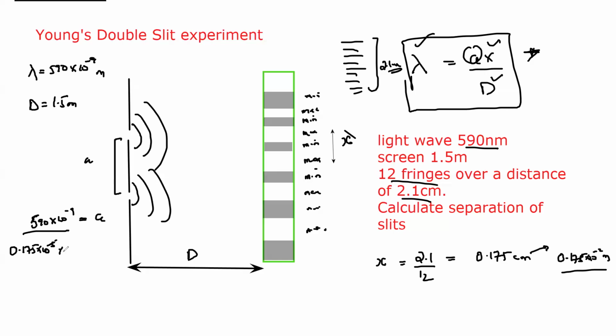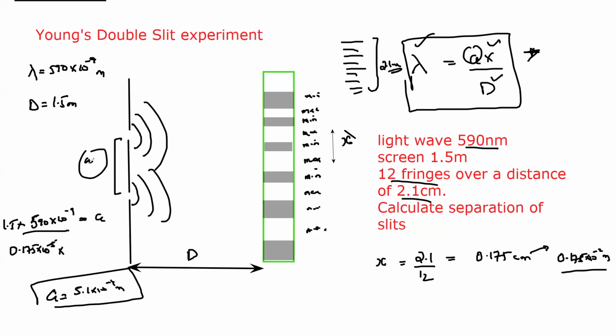And D is a distance that is divided, so on the other side it will be multiplied, which is 1.5. So what is the value for a, the spacing between the two slits? Okay, it is 5.1 into 10 to the power minus 4 meter. So that is the space between the two slits.